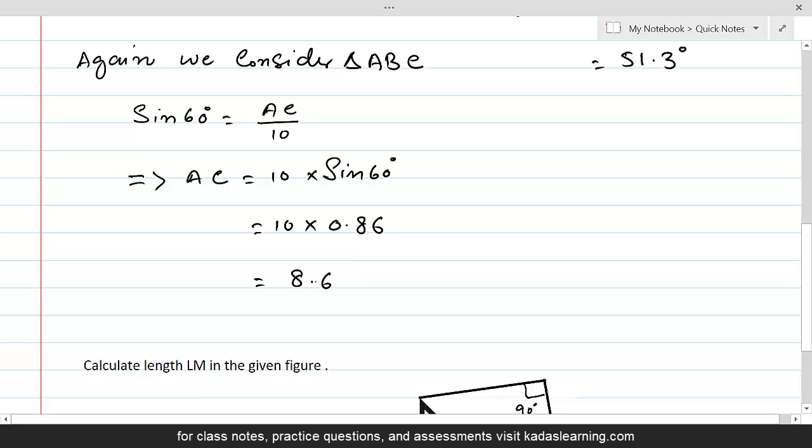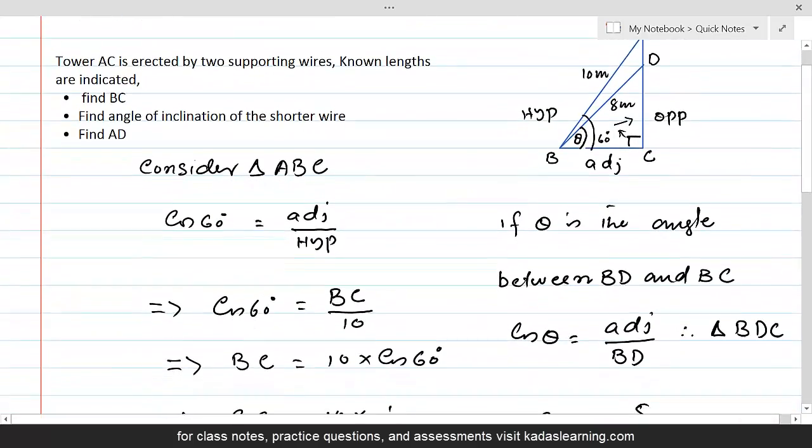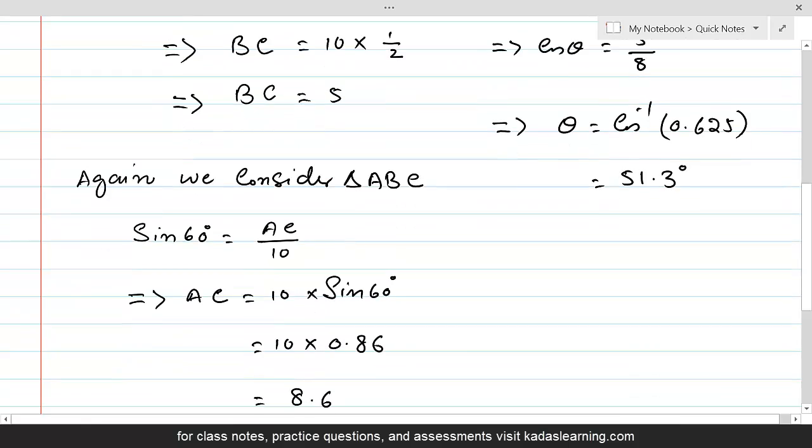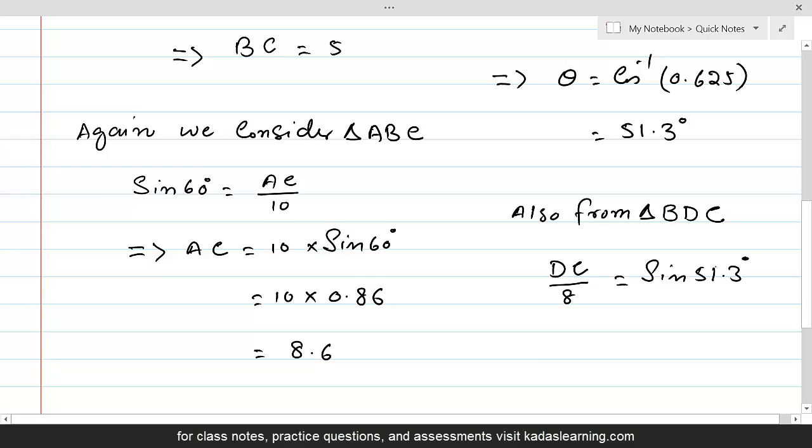8.6. And similarly, if we consider the shorter triangle BDC, from triangle BDC, DC, which is opposite, over hypotenuse, which is 8, is equal to sine of 51.3 degrees.